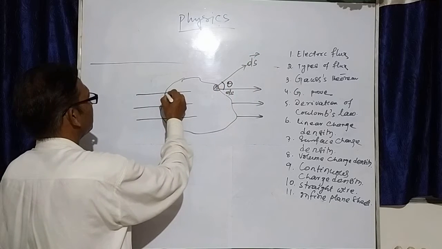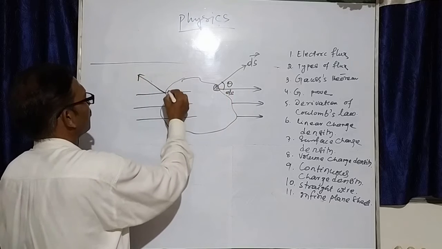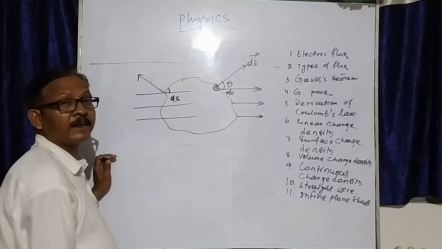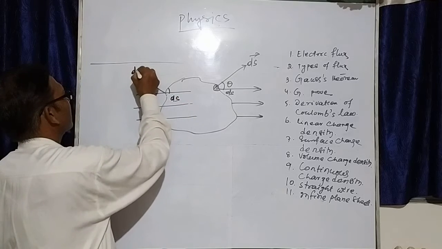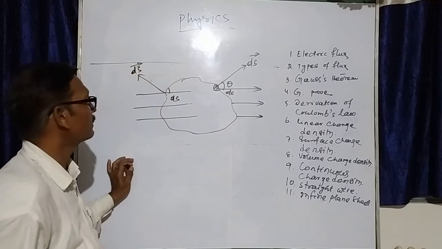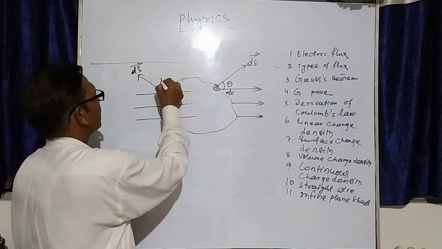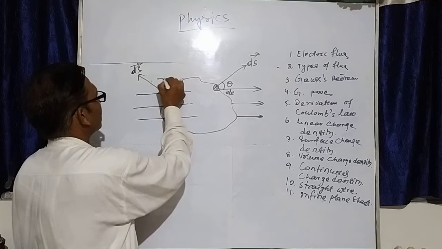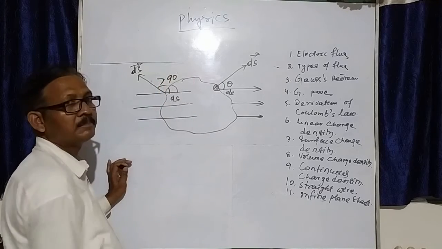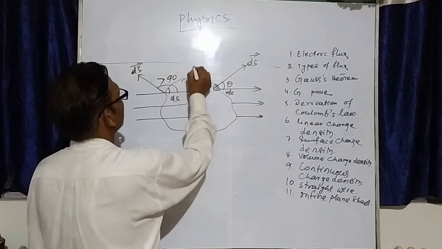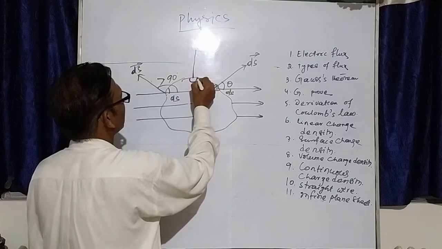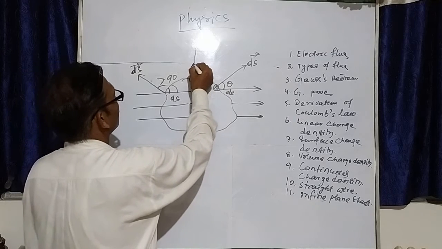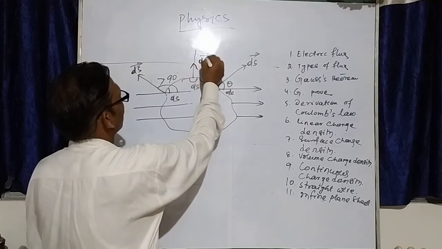Here you see this is the small area vector, normal to the surface, the angle is 180, something greater than 90. So this is the surface area small ds, ds vector normal to the surface.